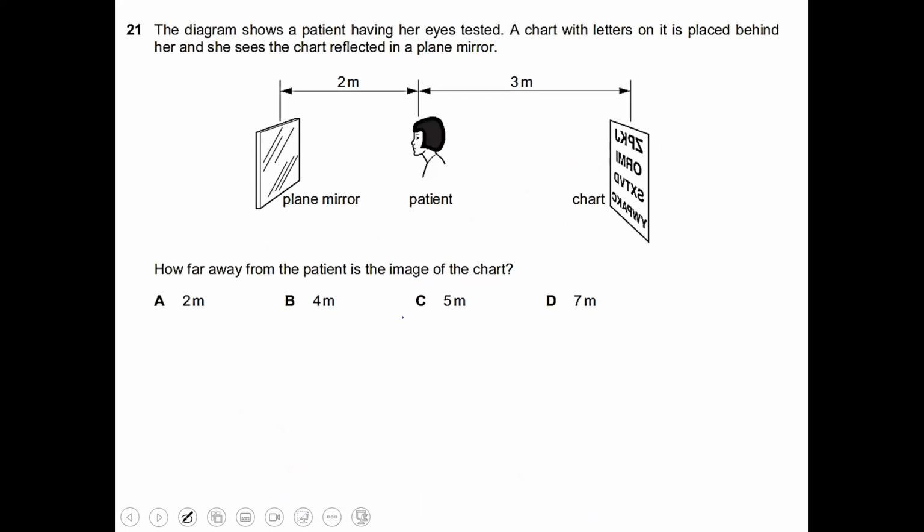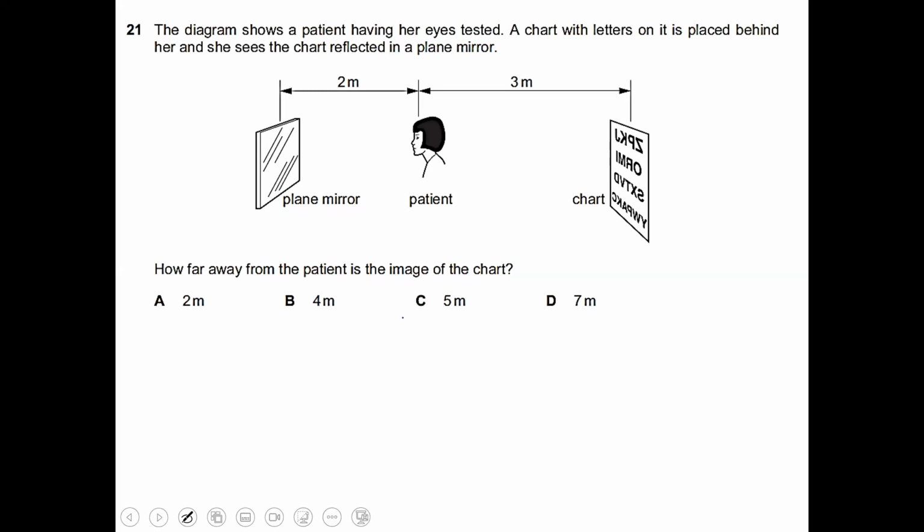Now solve this question, MCQ. Yes, answer please.